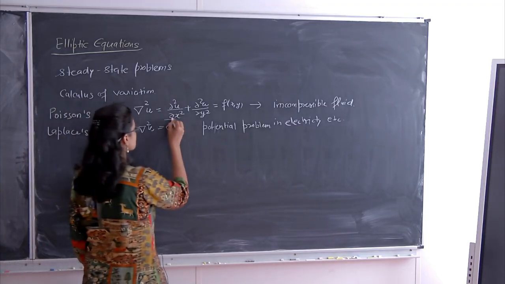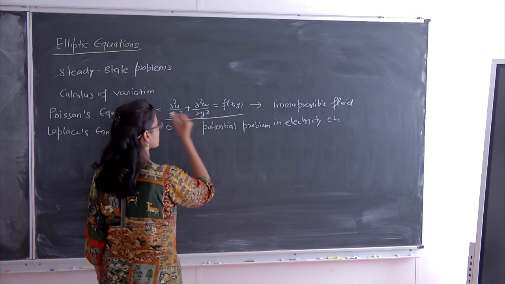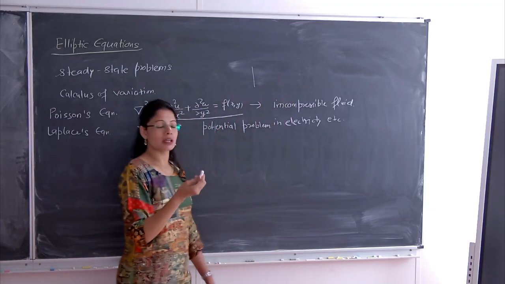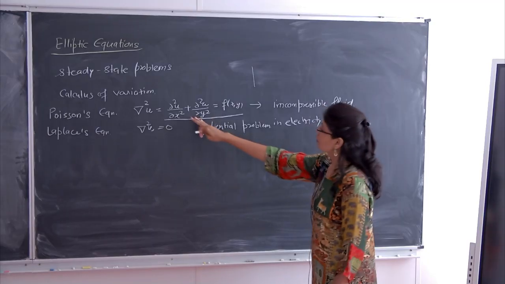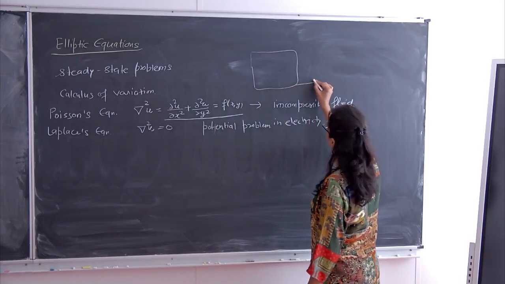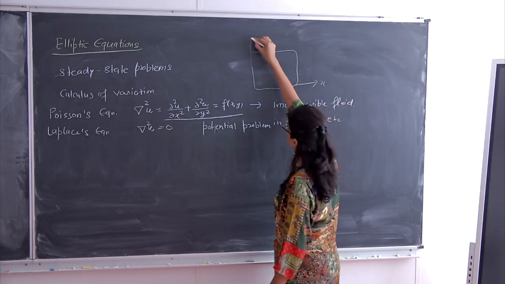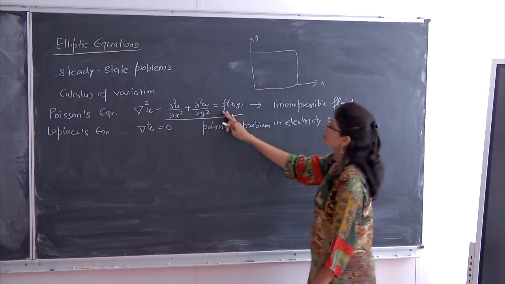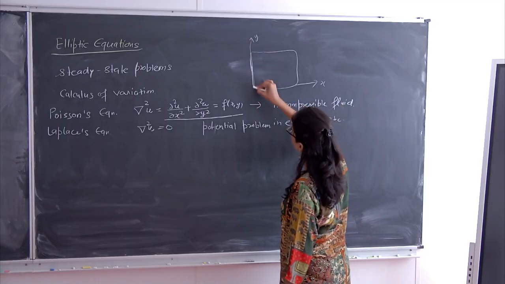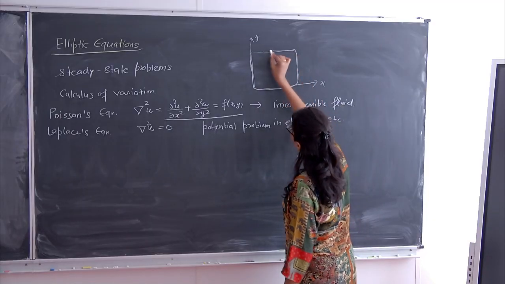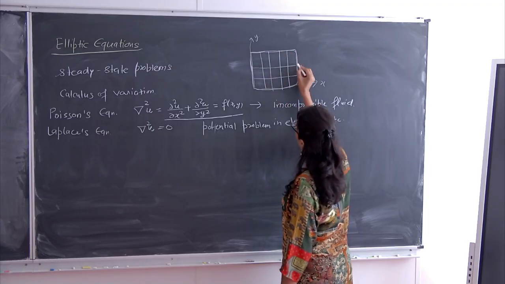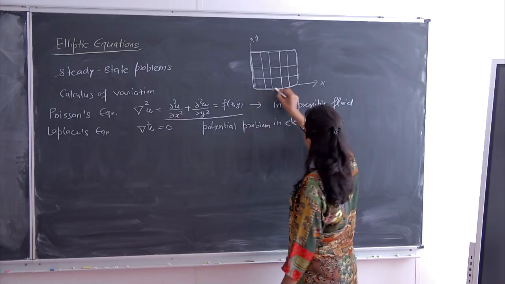As you can see, the equation depends on x, y. So we may be given some domain in the xy plane, with x axis and y axis. Your function may be defined on the boundary points, and we will take some grid points, and your solution is known on the boundary.